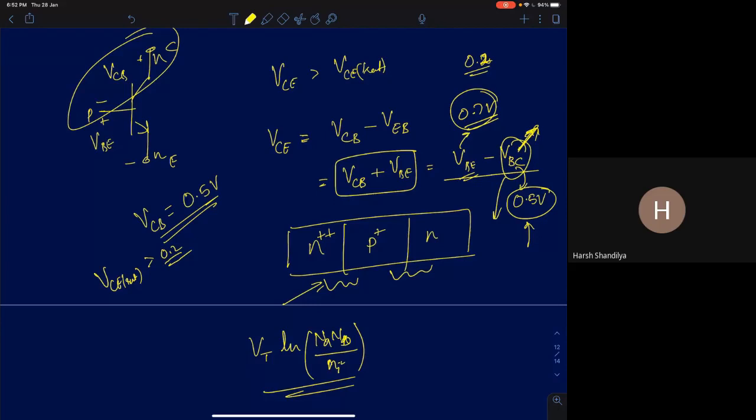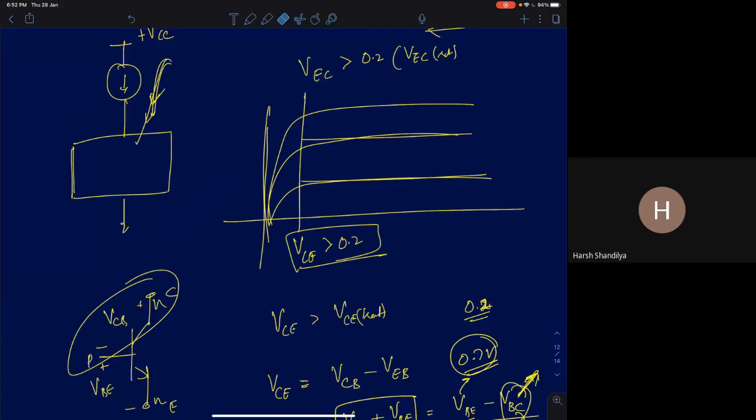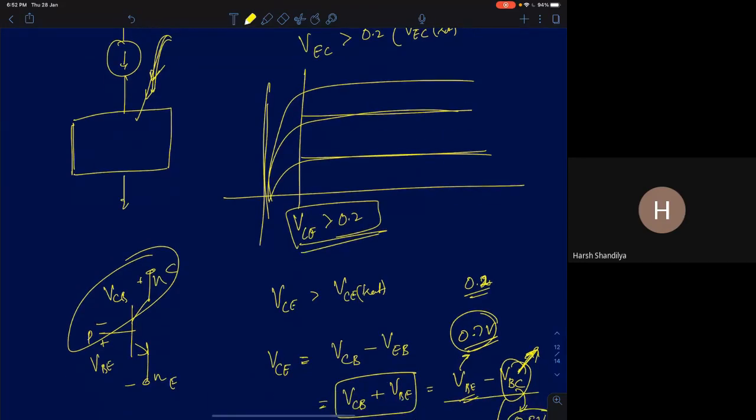Then the device is going into the linear or ohmic region. So that's how this 0.2 comes from, roughly. I'm giving a rough expression. Rather, I should have used VCE SAT instead of 0.2. But what did they teach you in devices? Did they teach you 0.2, or VCE SAT, is it?